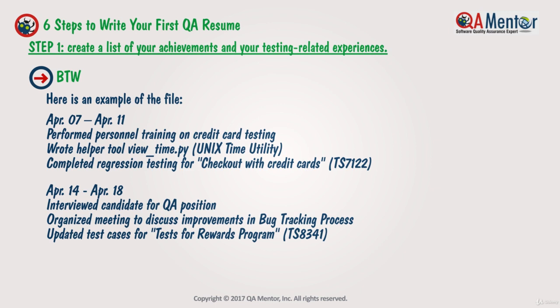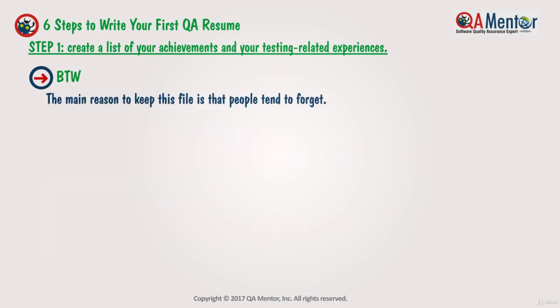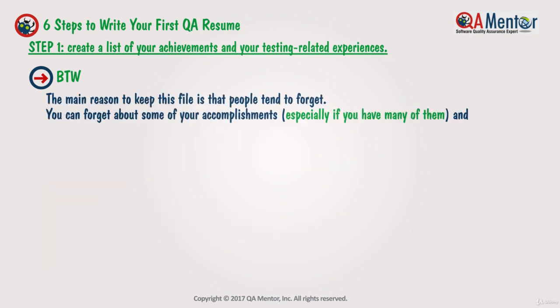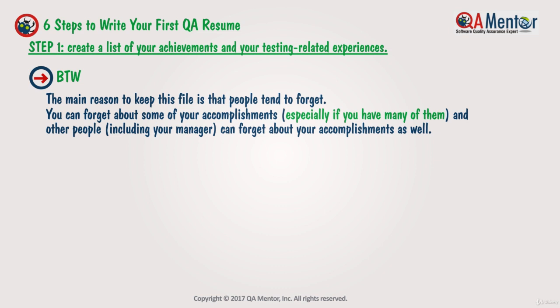Organized meeting to discuss improvements in bug tracking process. Updated test cases for tests for Rewards program, TS8341. The main reason to keep this file is that people tend to forget. You can forget about some of your accomplishments, especially if you have many of them, and other people, including your manager, can forget about your accomplishments as well.